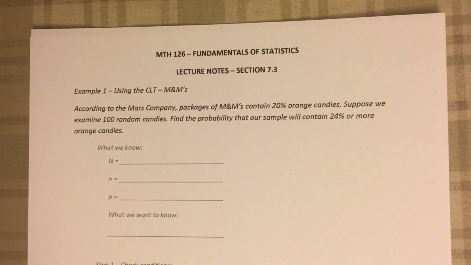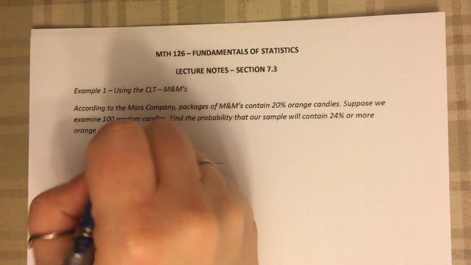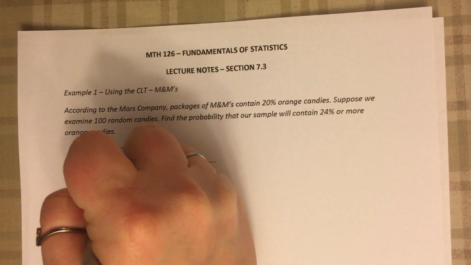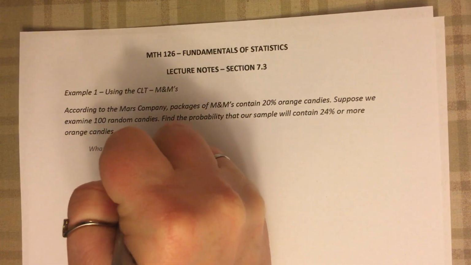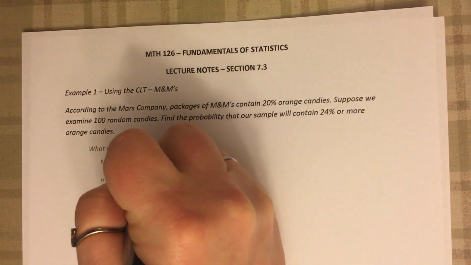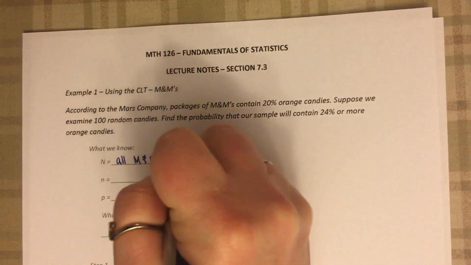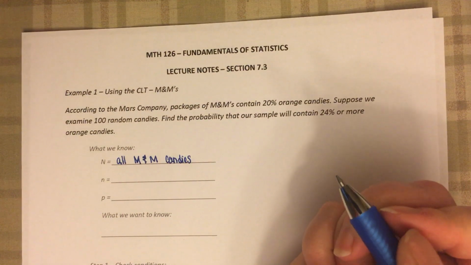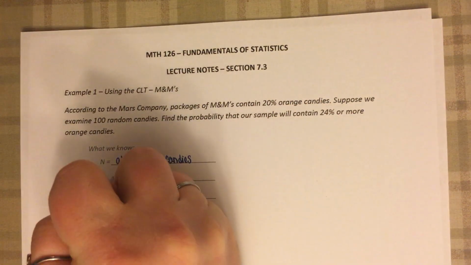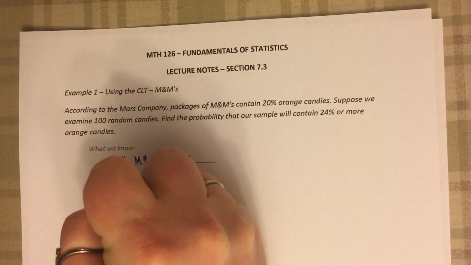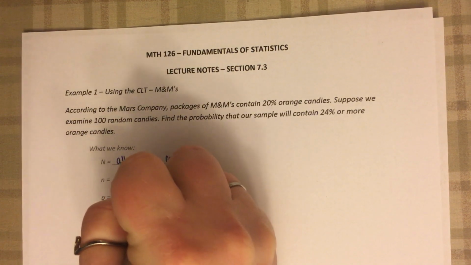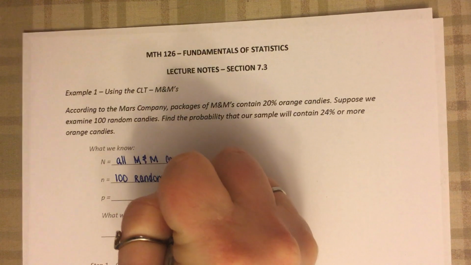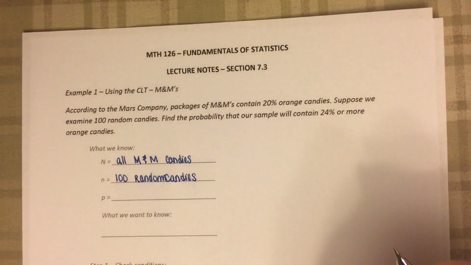All right, so we're going to start by listing what we know. Our capital N, remember, is our population. So in this case, our capital N is all M&M candies. Our lowercase n is our sample. So in this case, we have 100 random candies that were sampled.